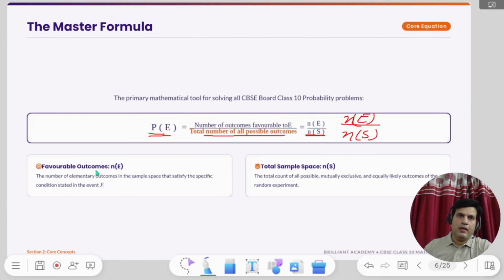Favorable outcomes are the number of elementary outcomes in the sample space that satisfy the specific condition stated in the event E. And the total sample space is the total possible outcomes: the total count of all the possibilities, the mutually exclusive, equally likely outcomes of the random experiment. So this is called the total sample space.